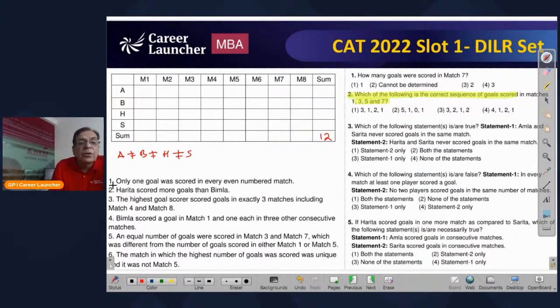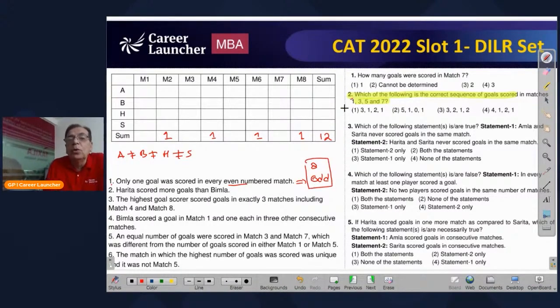So let's look at question number 1. Statement 1 now. Only 1 goal was scored in every even numbered match. 1, 1, 1, 1. Does that not mean in the odd numbered matches, 8 goals will be scored? 8 goals will be scored.